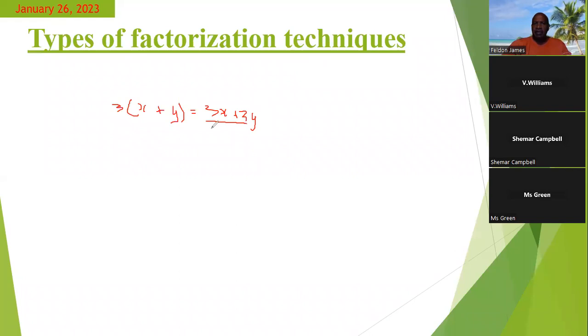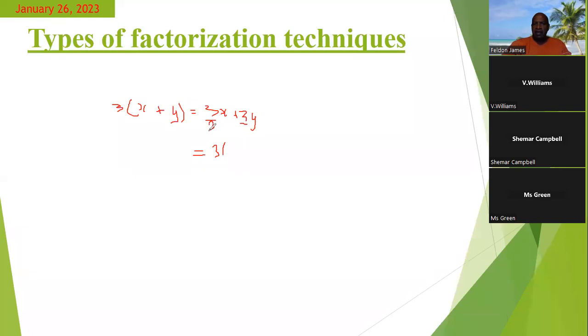So this is the expression that we get as the product. To get back the bracket, we look at the terms in that expression, identify common factors, and pull out the common factor, 3. Then we open brackets and divide each term by the common factor that we take out.